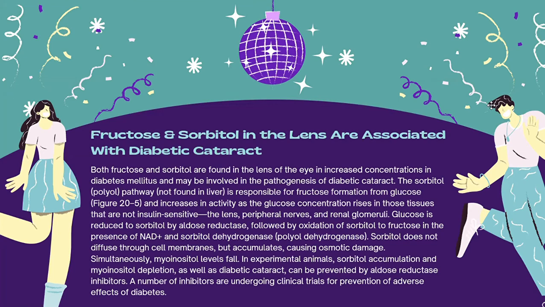And sorbitol becomes a nidus. You know what a nidus is, no? A nest. Okay? For cataract formation. So it's called diabetic cataract because when you're diabetic, your sugar is high.